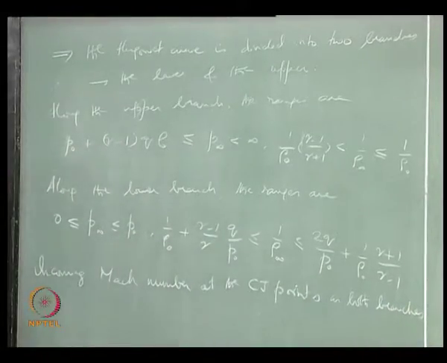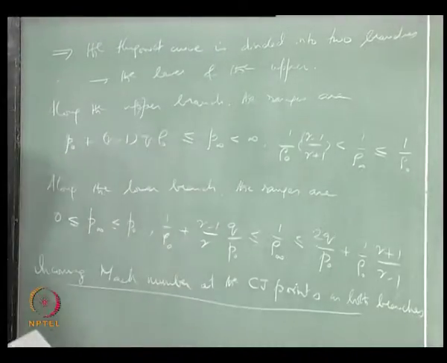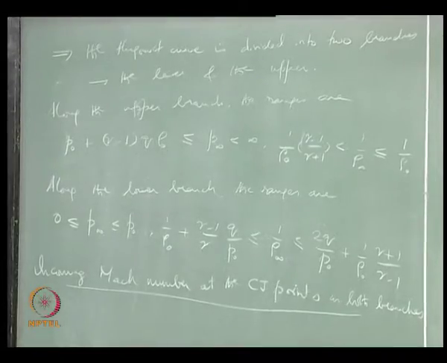Alright, so how do you locate the two CJ points?